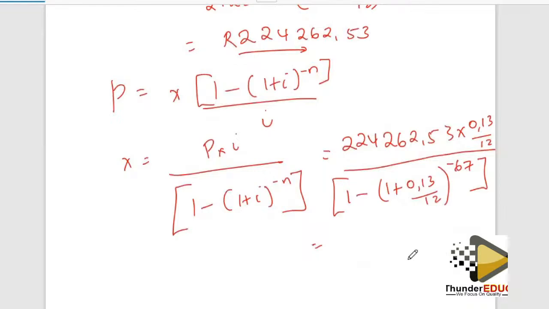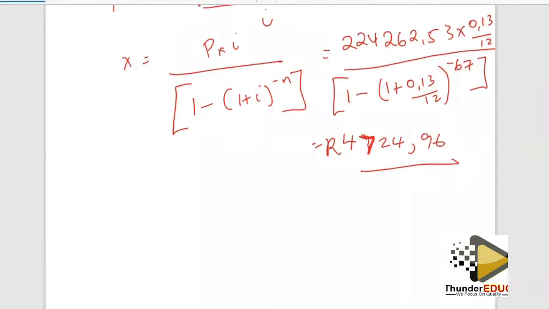Then I'm getting 4,7... is it 4,000 or 47? 4,724.96. So this is what he has to be paying every month.